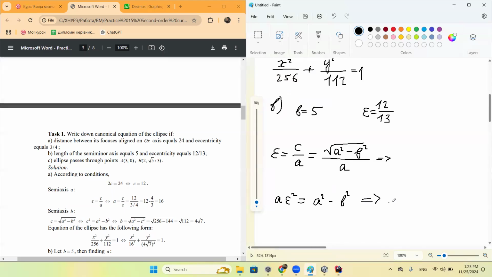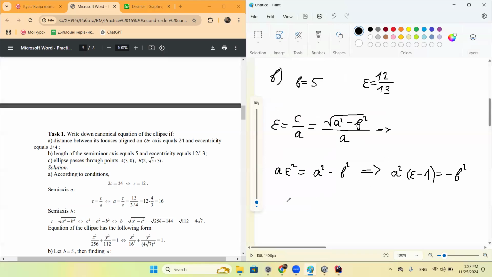So according to it, A squared times (epsilon squared minus 1) equals minus B to the power of 2. So A to the power of 2 equals B to the power of 2 divided by (1 minus epsilon to the power of 2), by the way.